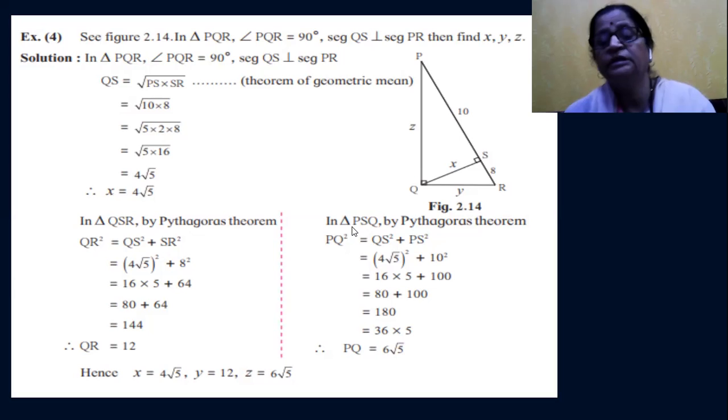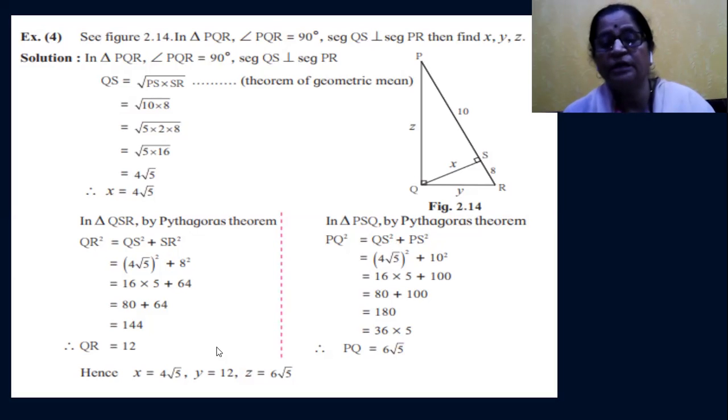Then we go to this PSQ triangle. Here angle PSQ is 90 degrees. So according to Pythagoras theorem, PQ square is equal to QS square plus PS square.